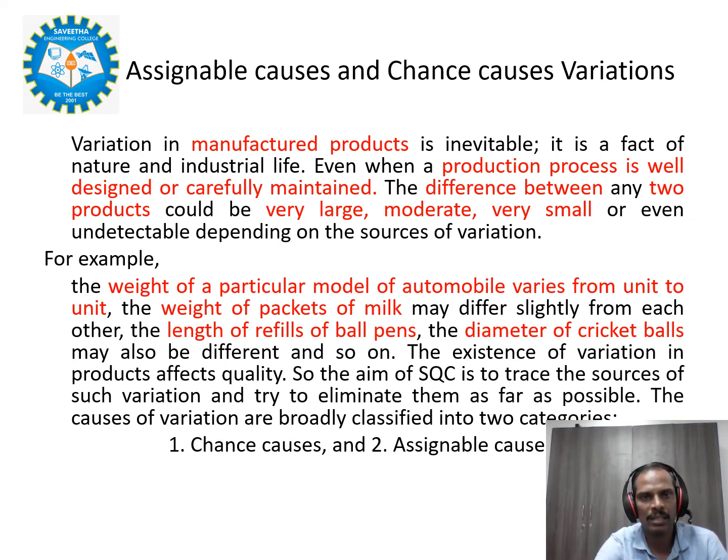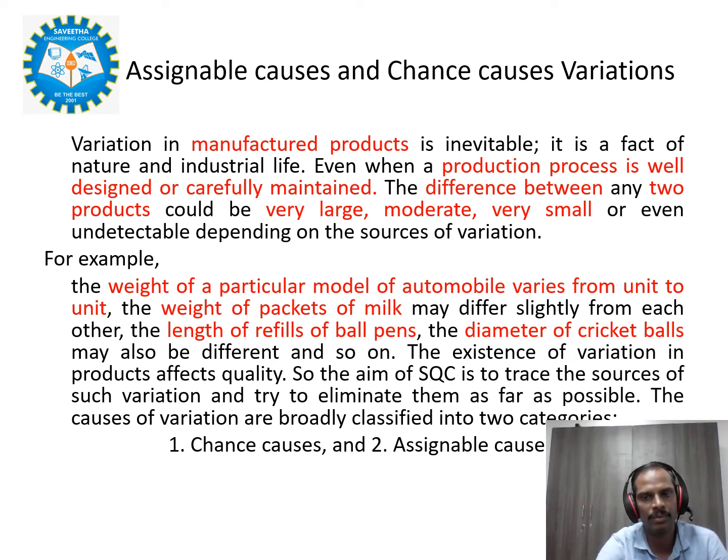are a fact of nature or industrial life, even when the production process is carefully designed and maintained. We can identify the variation between two products or materials. It may be very large, moderate, small, or even undetectable.